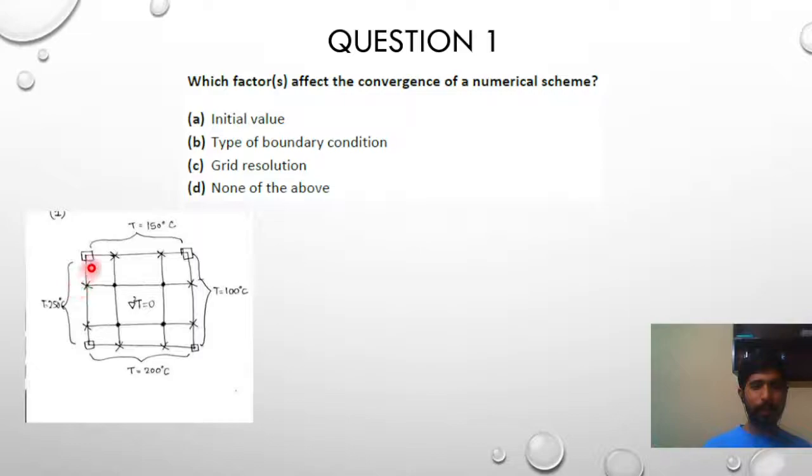One approach is to set the initial condition of all the temperatures at these internal grid points, marked by this black circle, to 0 and then find the iterative values. In the second approach, I give the initial condition as the average of these four boundaries in these internal cells. Which will converge first? Will they converge at the same iteration? Can you write down in the chat box?